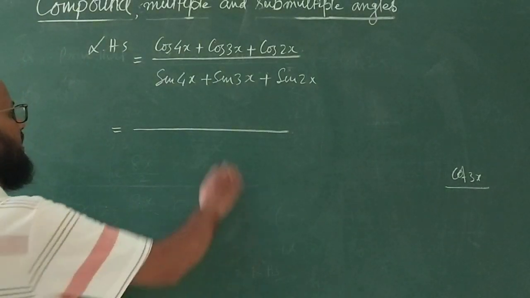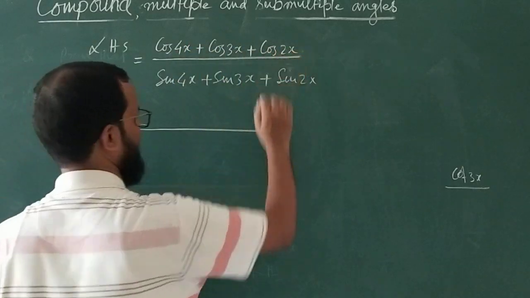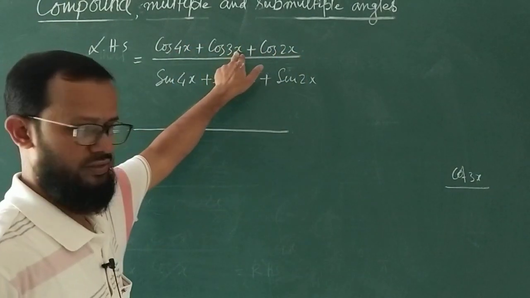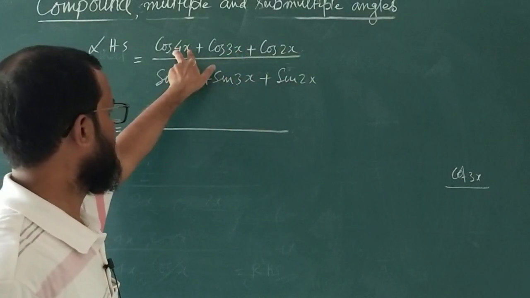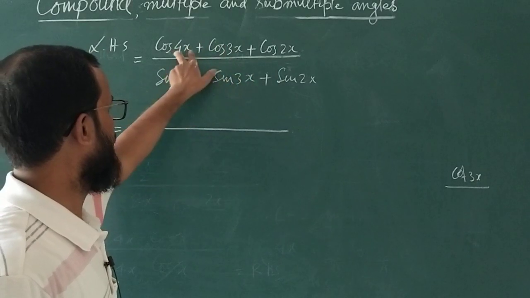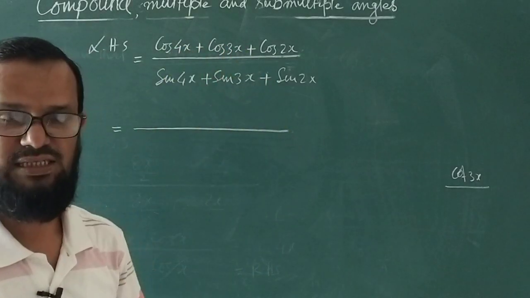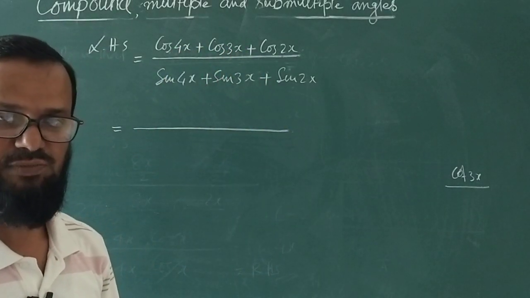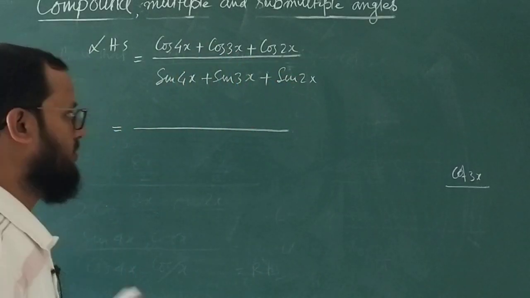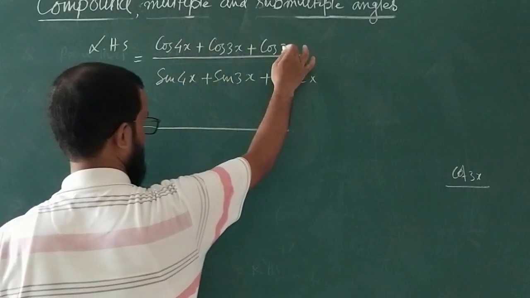You see 4x और twice x अगर add करें and divided by 2 करें तो क्या होगा? You will get 3x. If you add 4x plus 2x you are getting what? 3x. And if you add 4x plus 3x you are getting 7x and 7x by 2 equal to what? 7x by 2. तो आपका ये ऐसा कुछ angle नहीं है. तो इसीलिए first we arrange cos 4x with cos 2x.